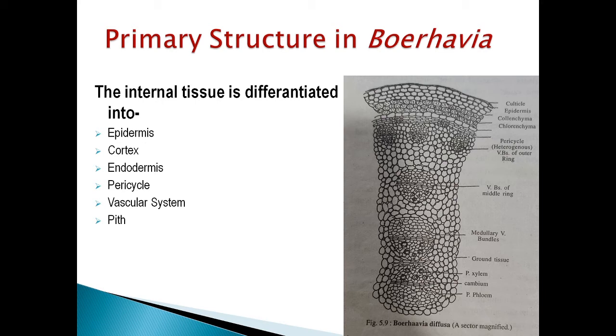The bundles are conjoined, collateral, open and endarch type. The inner ring consists of only two fairly large vascular bundles, facing each other.